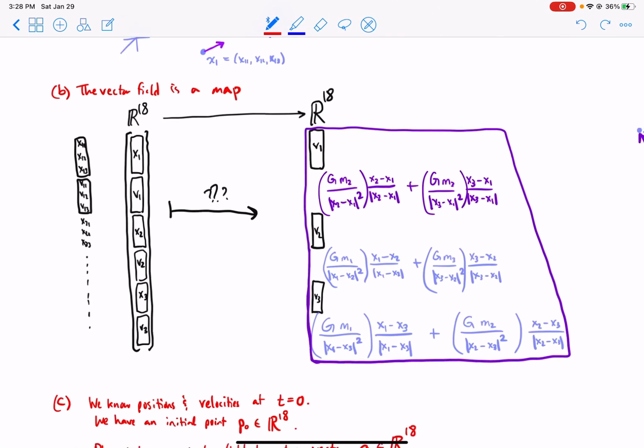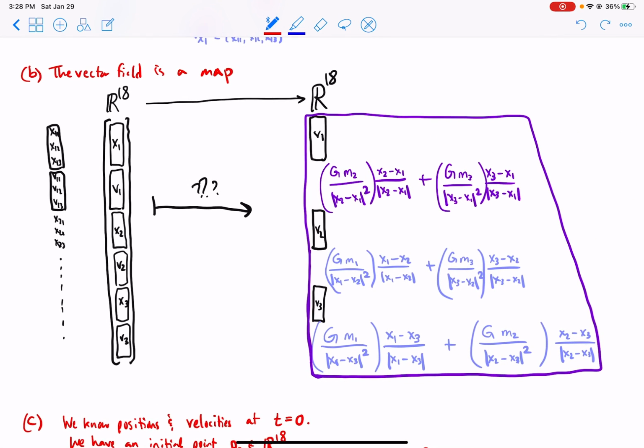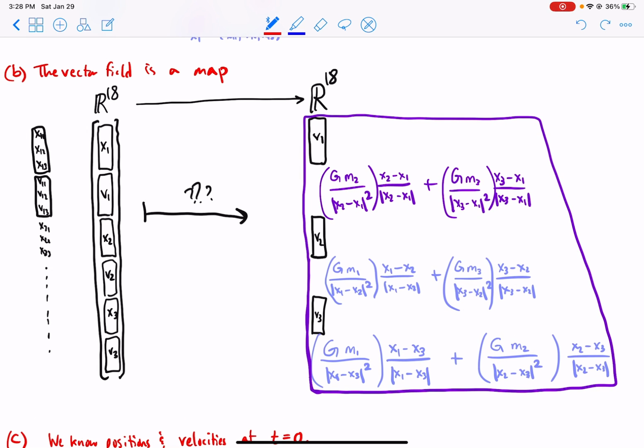Okay, here are the formulas for the vector field. Maybe I should actually say M1, M2, M3 are masses. They're real numbers. And then G is a constant organizing our choice of units.